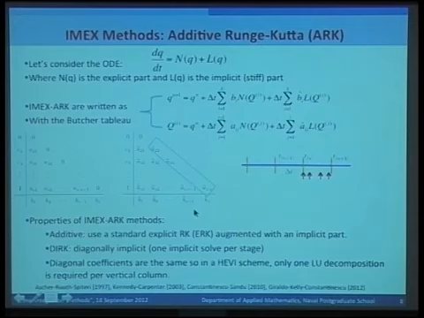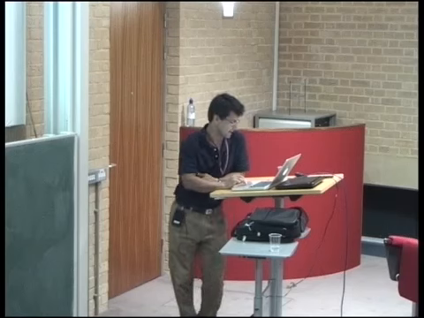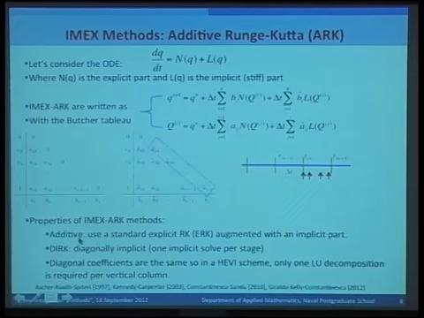Some properties we like about these IMEX ARK methods: why are they called additive? Because they use standard explicit RK parts. This part of the tableau is a standard explicit RK method, second order, third order, fourth order, which you'll recognize, and we augment it with an implicit part, which is this one over here.